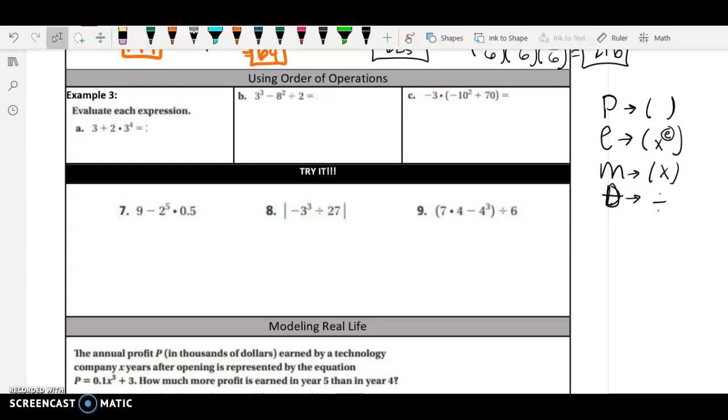This is D in PEMDAS. A is addition, and then subtraction, which we know what that is. So we have to do this in this order, and work our way down.